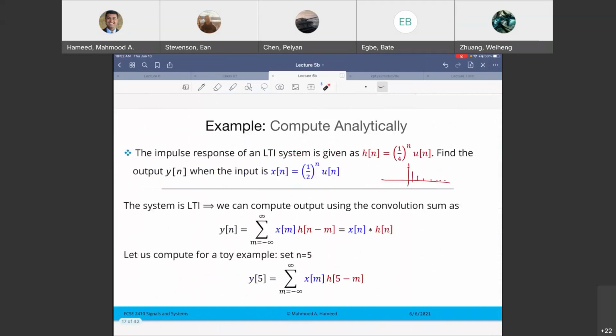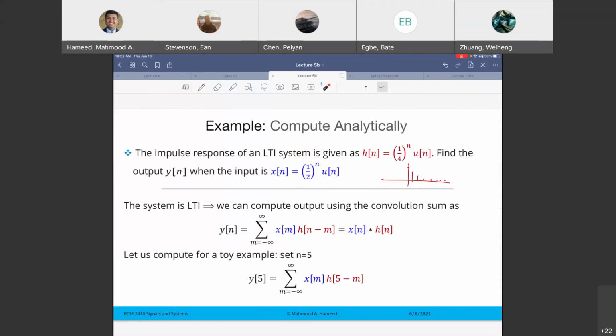Let's try to do this. The system is linear time invariant, so that means that we can compute the convolution, right? Because superposition is going to apply. And here is good news. Convolution is commutative. So x convolved with h is the same as h convolved with x. Why is this useful?